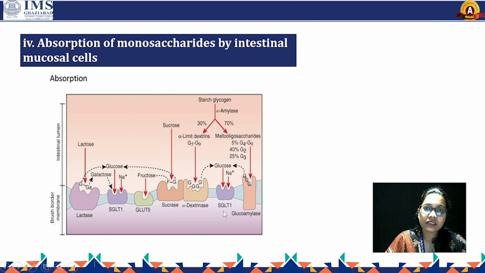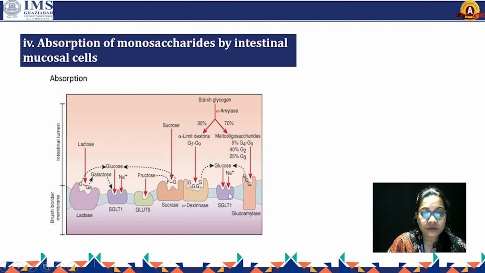Transporters are basically channels, or we can say a gate or a vehicle, used by the glucose to cross this intestinal lumen and transfer to the liver, the blood circulation. Here you can see glucoamylase has converted this glucose unit.